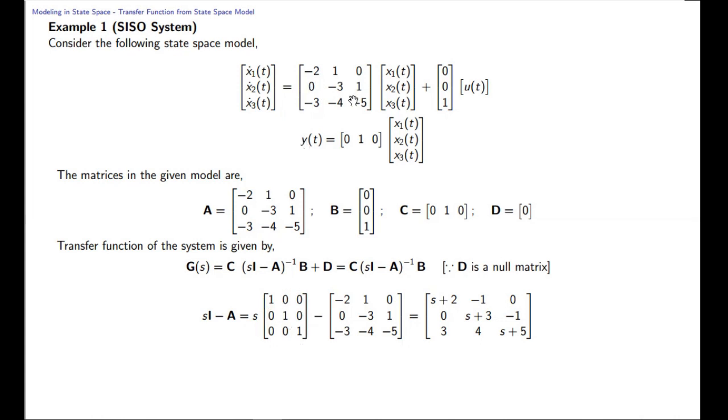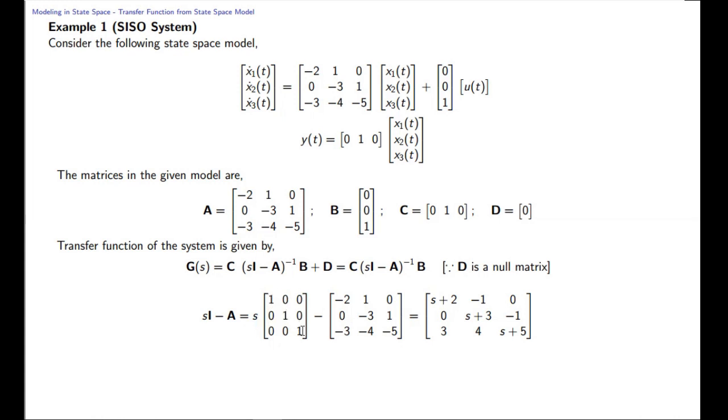If the state matrix is of the order 2 cross 2, you should take the identity matrix also of the size 2 cross 2. Okay, so the size of this identity matrix will be decided by the size of the state matrix. So I just wrote SI minus A here. So if I simplify, I can multiply this identity matrix by S.